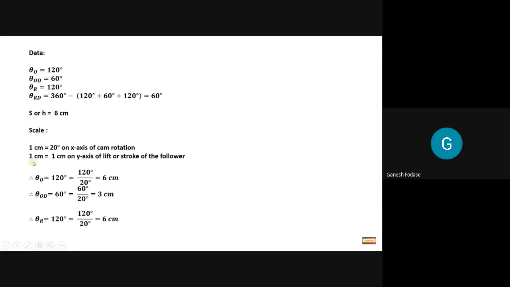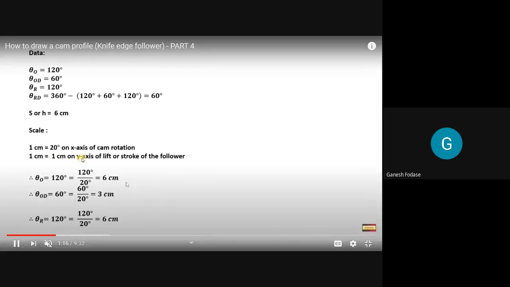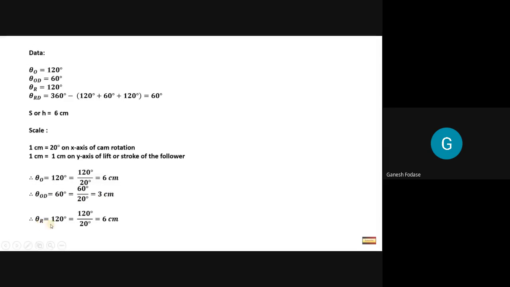Already we selected the scale: 1 centimeter equal to 20 degree for the x-axis, and 1 centimeter to 1 centimeter for the y-axis. Accordingly, we find out the scale distance. Even though theta is 120 degree, on the actual diagram I have to represent it by 6 centimeter by considering our scale. Then 3 centimeter for dwell, and theta r is 6 centimeter, that is the return stroke. The next dwell period we will not consider.